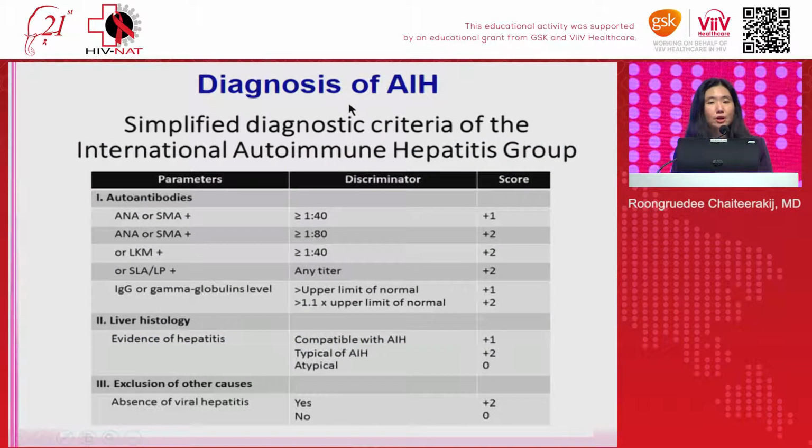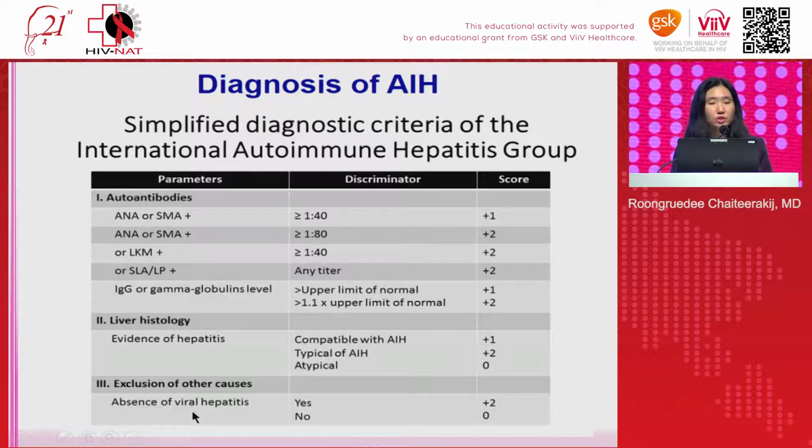To make the diagnosis of AIH, we usually use the simplified diagnostic criteria, which comprise 4 components. The first is autoantibody, either ANA or anti-smooth muscle antibody positive. The second is gamma globulin or IgG. The third is evidence of hepatitis on liver histology.